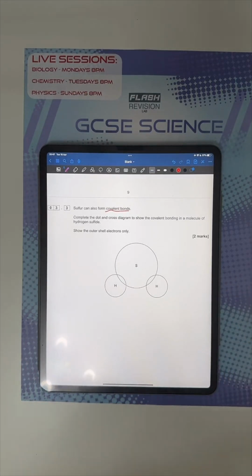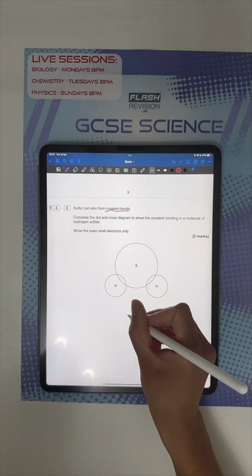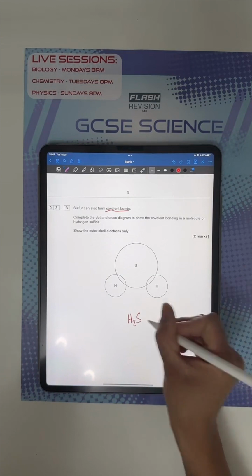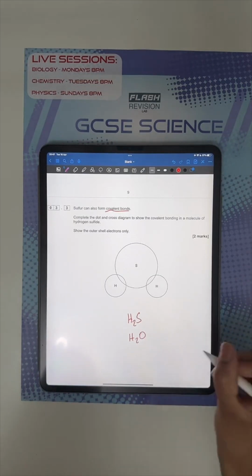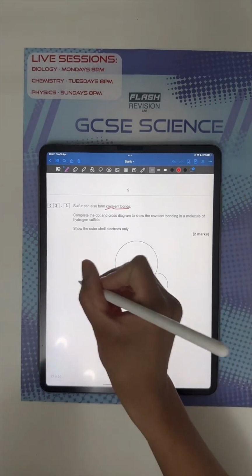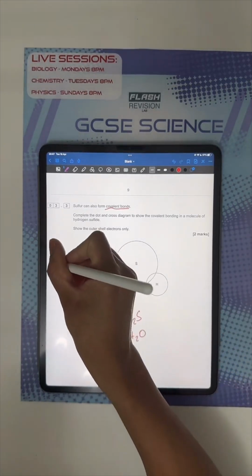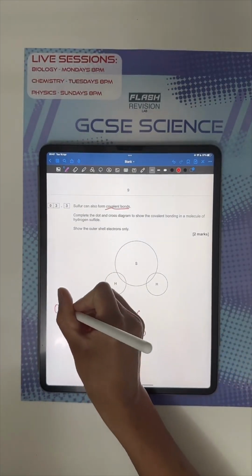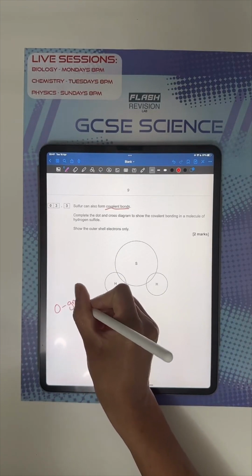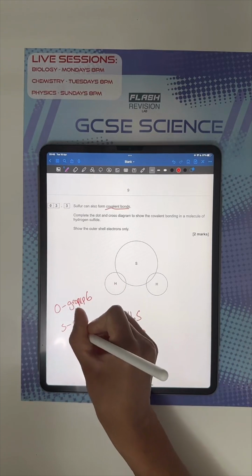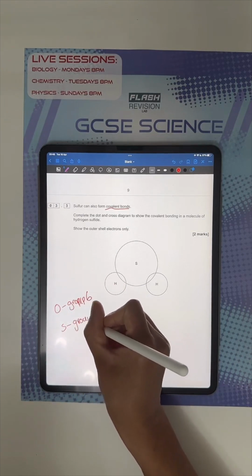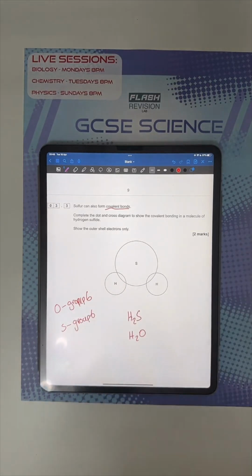Mickey Mouse. That's a good one as well. So yeah, it looks like water. H2S. Looks like H2O. Oxygen is in group 6. Sulfur is also in group 6.